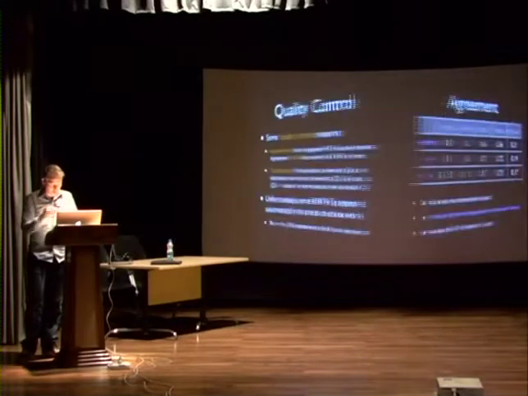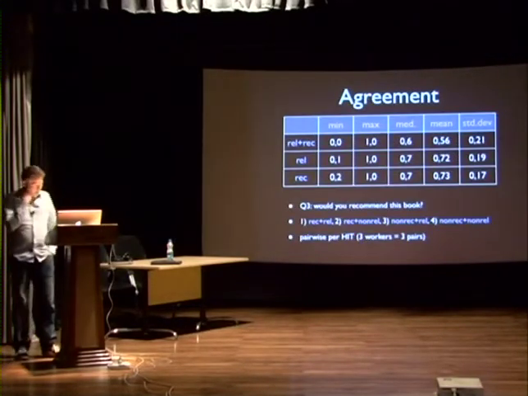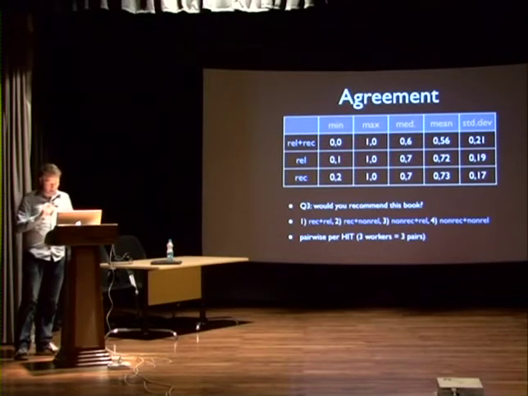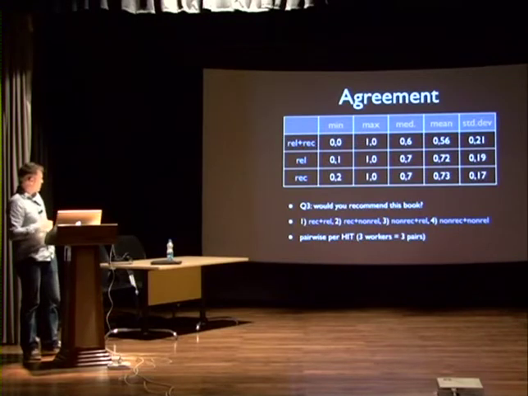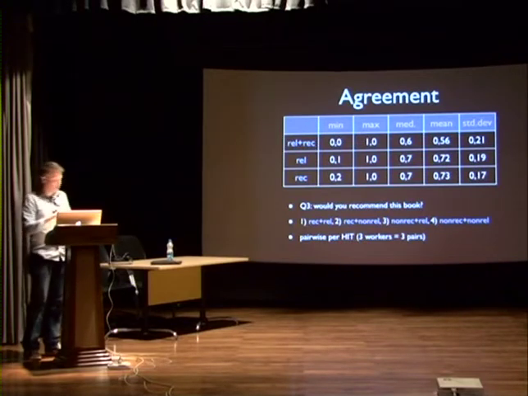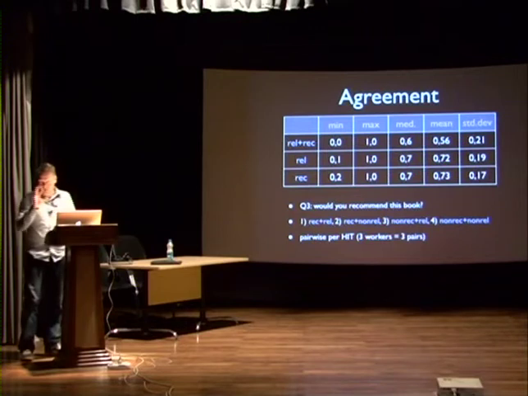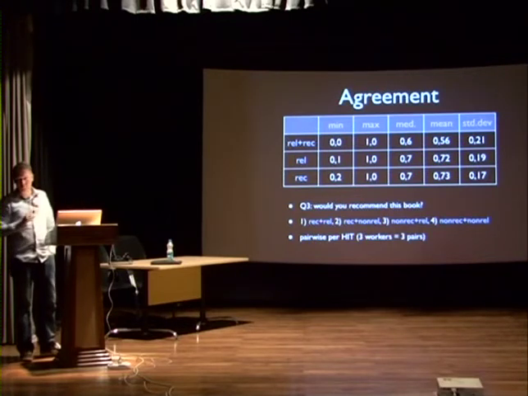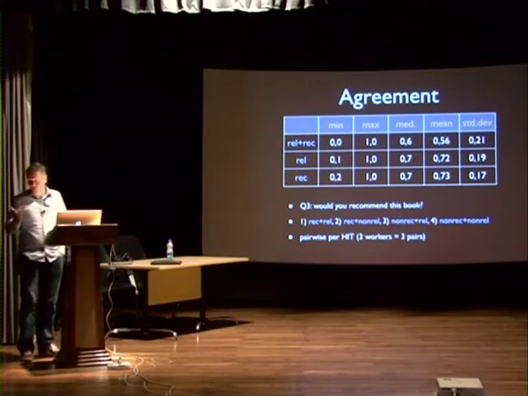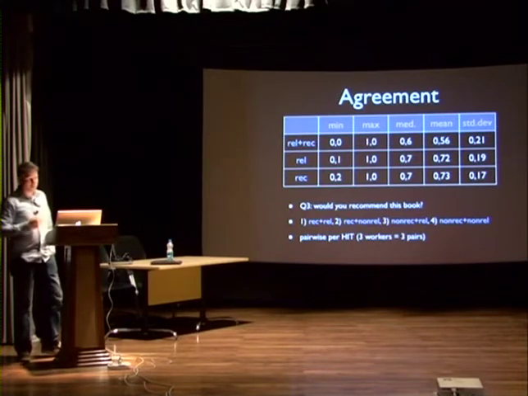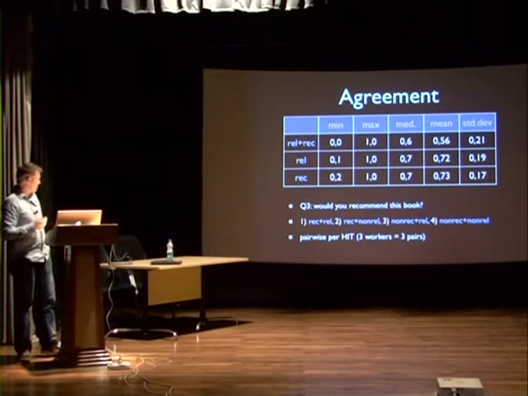Quality control is similar. Let's go through that. So the question on would you recommend the book? Actually, the agreement was fairly high. For relevance separately, the agreement is the magical 70%, the golden rule of the social sciences. It's kind of the fairest agreement you generally have in subjective judgments.